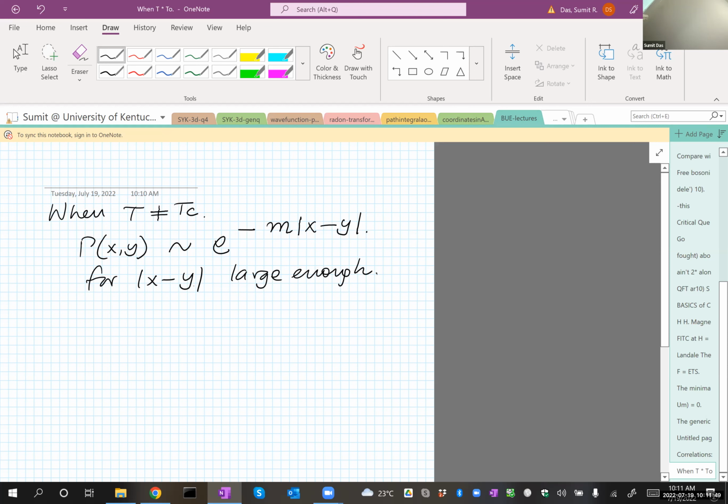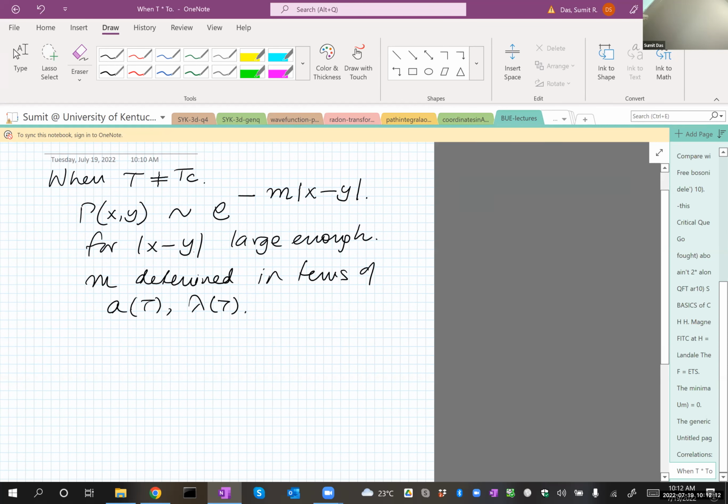And in this case, this happens whether T is greater than Tc or T is less than Tc, except this m is determined in terms of a, the functions a of T and lambda of T. I'll not even write down what that thing is.